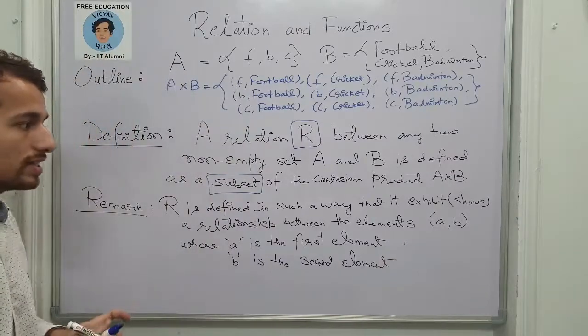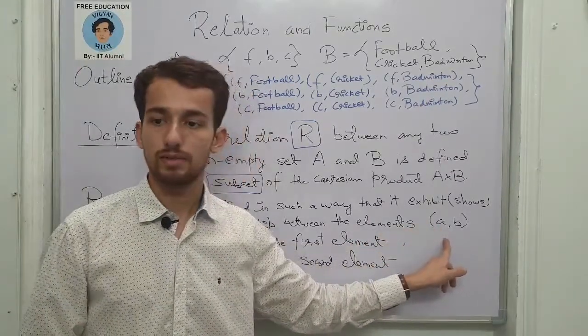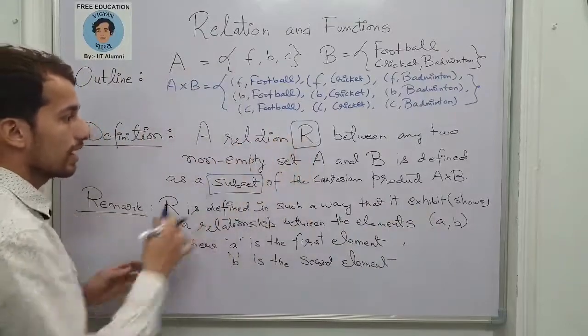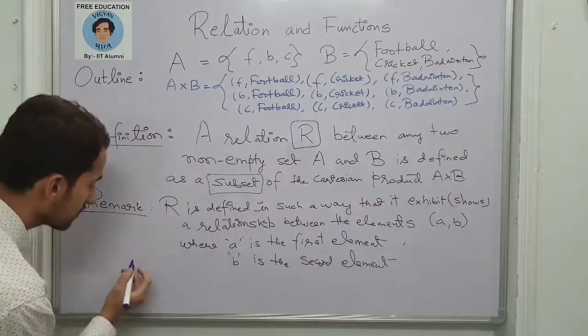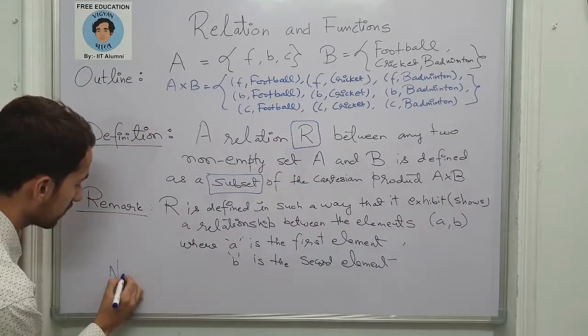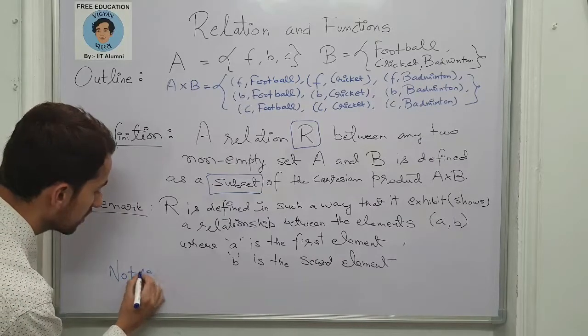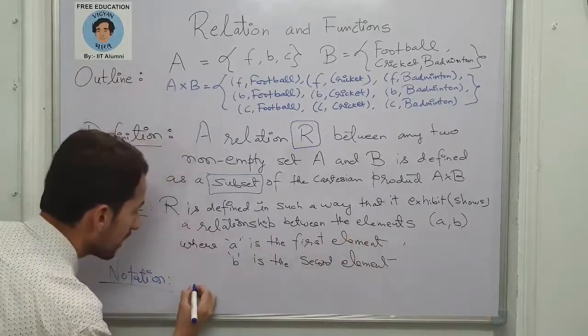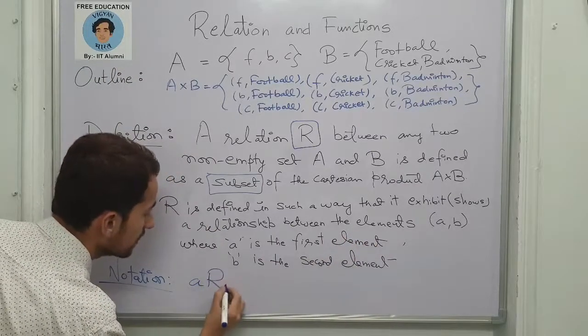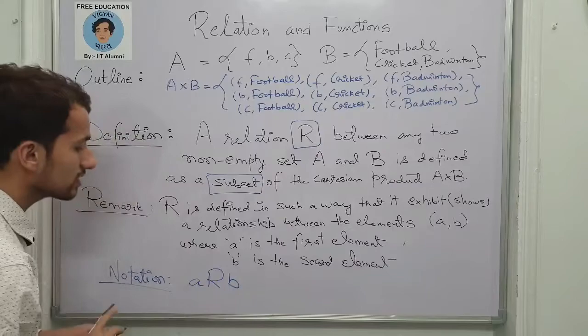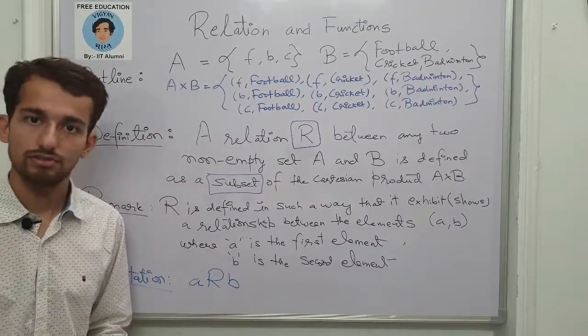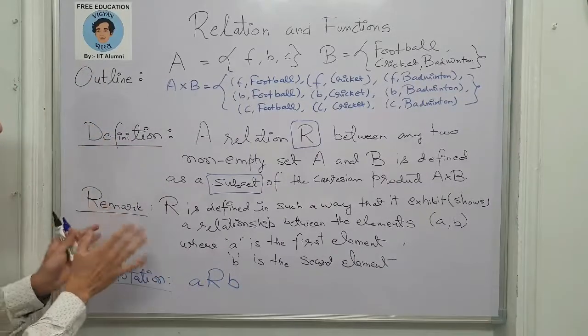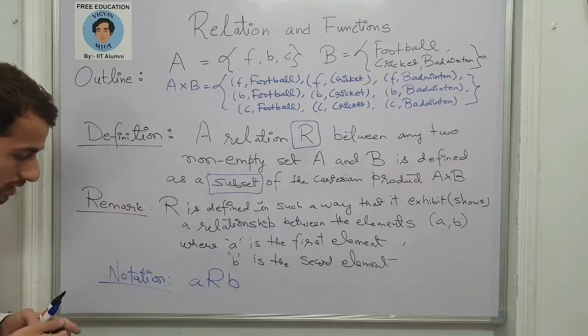Fine. So these two elements are now related by that relationship capital R, and there's a notation which we are going to use, and how we write that these two elements A and B are related by this relation capital R. Fine. So this is the mathematical definition of a relation.